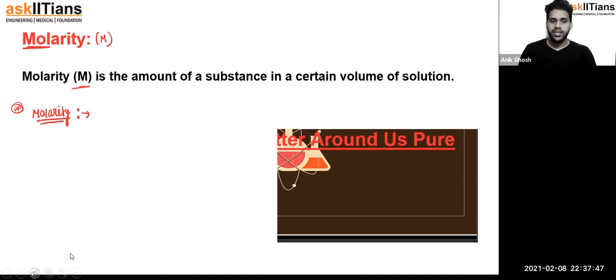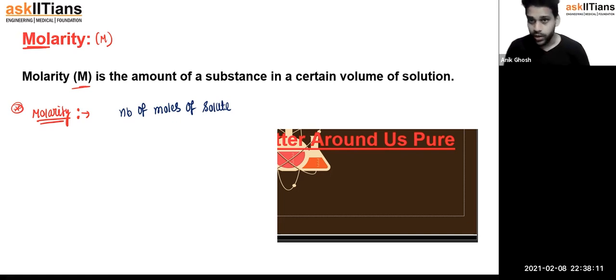They're saying the number of moles of solute. Previously, it was the number of gram equivalent weight of the solute, right? Now it is coming to moles, and the name is molarity now. So from there you can correlate them.